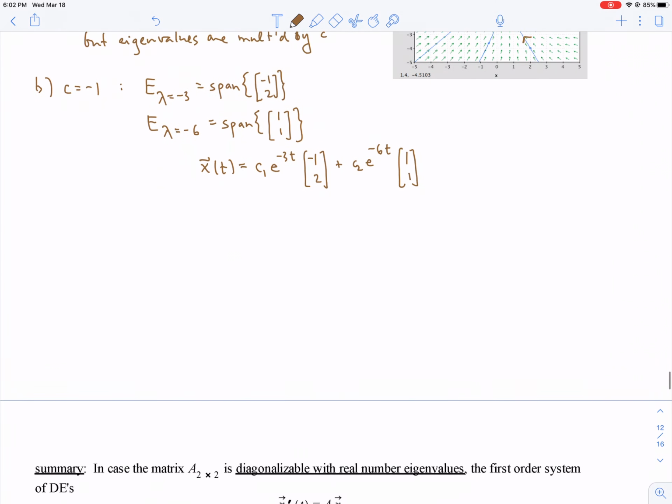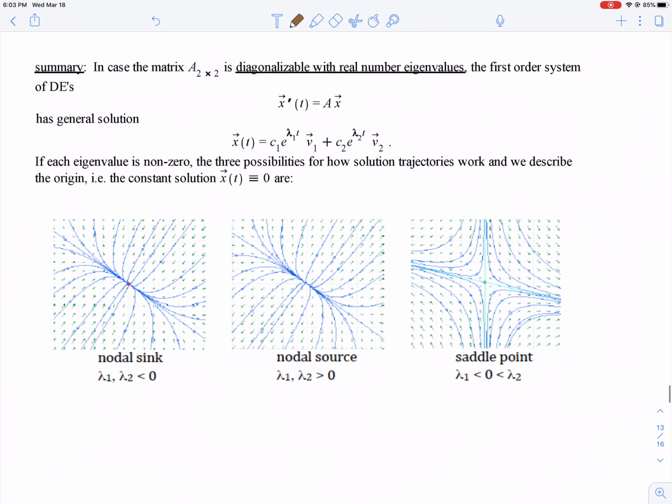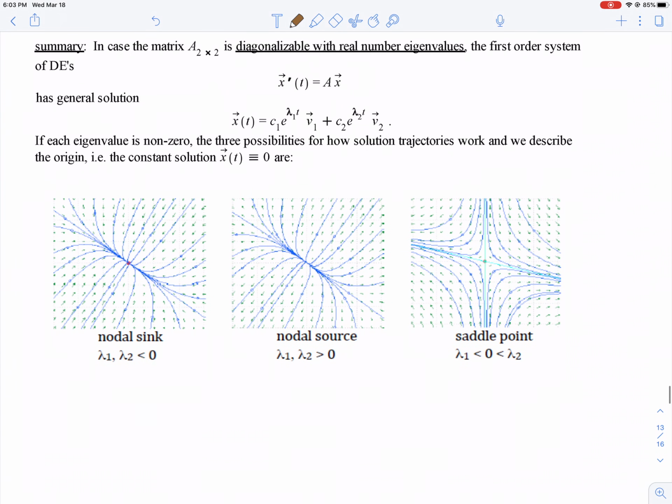Okay, so that's all the cases where A is diagonalizable with real eigenvalues and the eigenvalues are non-zero.